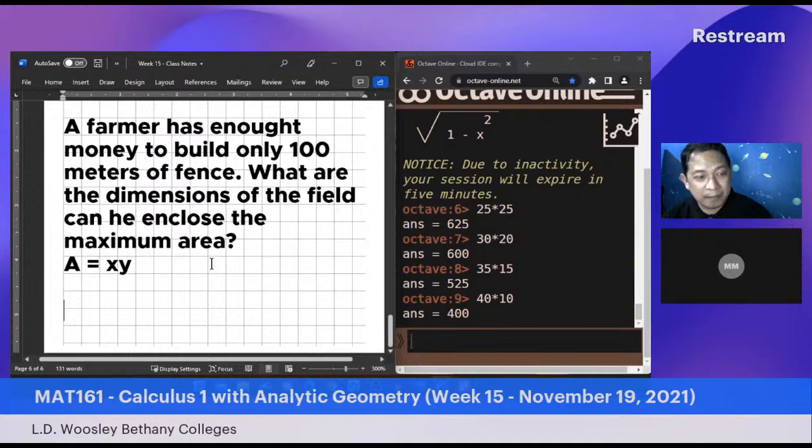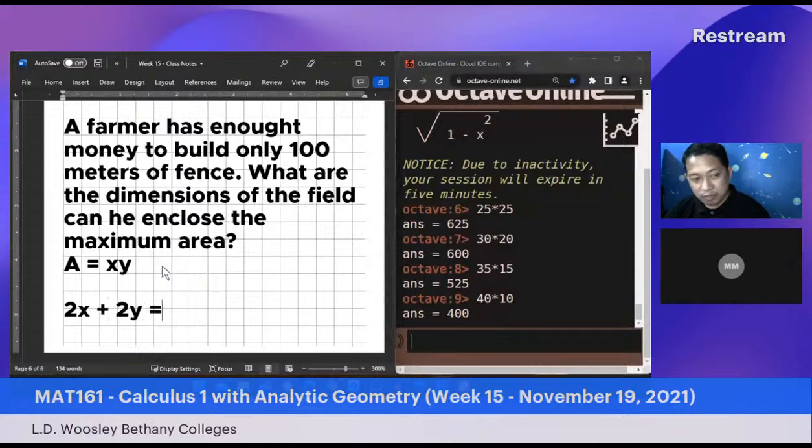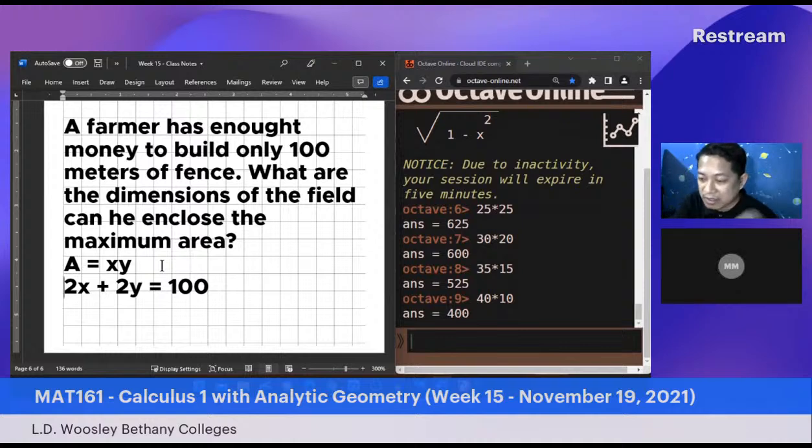Well, babakuran mo, so it must be a rectangular fence. Rectangular fence, no? So, side by side. Four sides. So, that would be our assumption. Therefore, there must be 2 values of x plus 2 values of y that will be equivalent to 100. That's the formula for your fence. In fact, that's the perimeter of a rectangle. Okay, kasi given yung 100 meters of fence, assuming na rectangular siya.